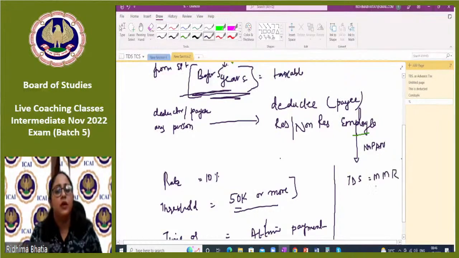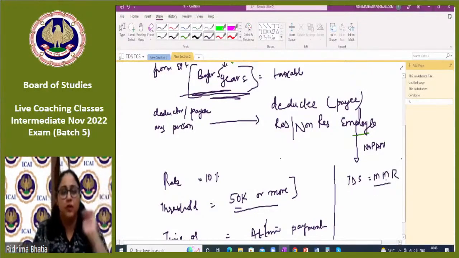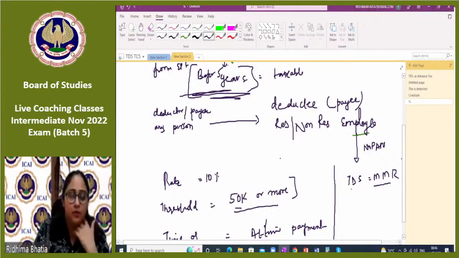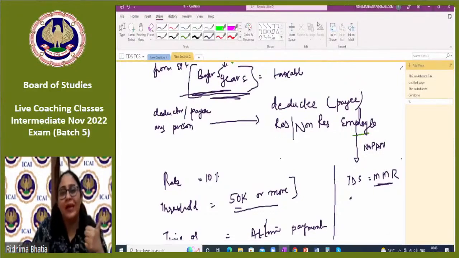What is MMR? How many of you know MMR? Maximum marginal rate. What is the maximum marginal rate? Can anyone make a wild guess?